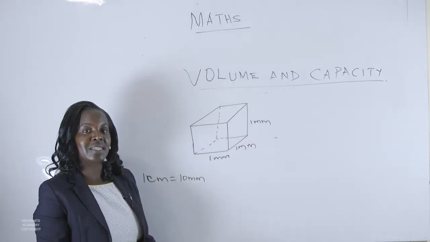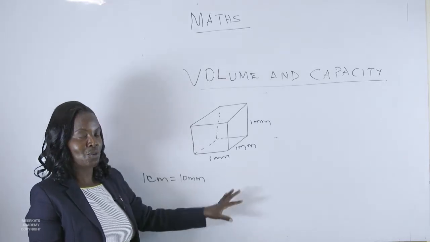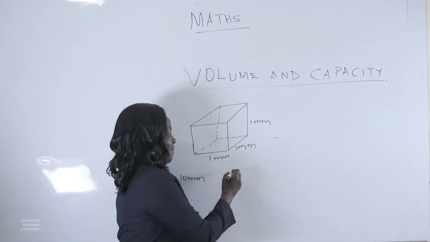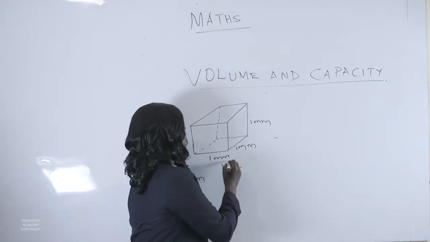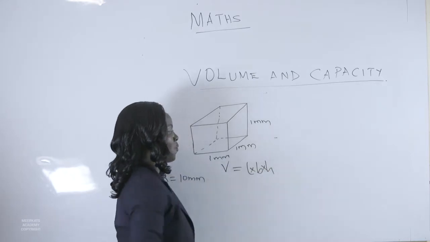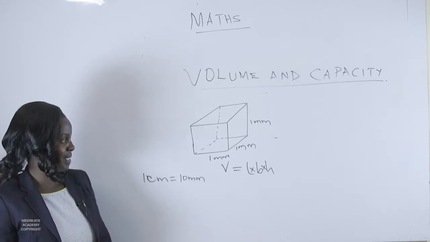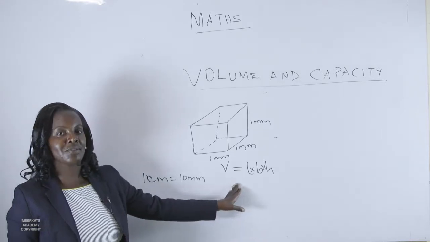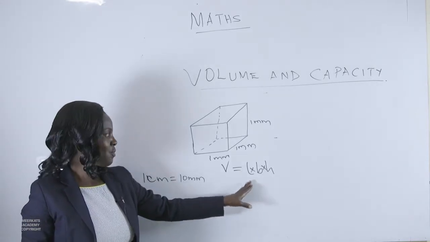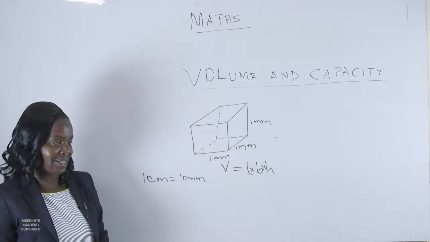For us to be able to get the volume of the cube, we say length times base times the height. The formula for calculating the volume of this cube is length times base times the height.